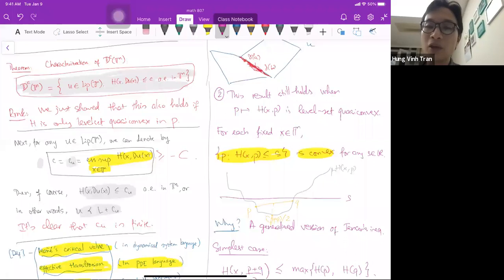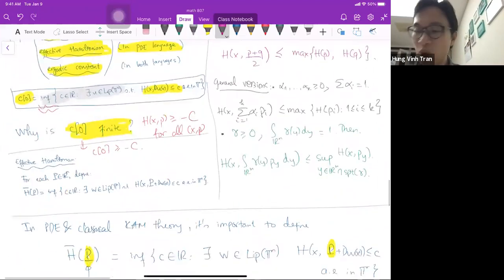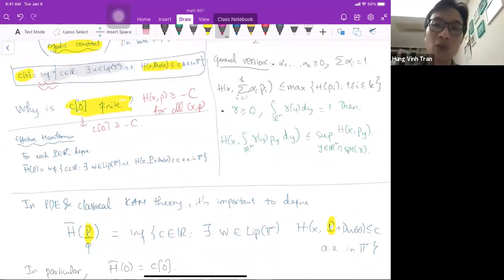For example, what happens if H is not convex at all? Can you do something for that? That's widely open. Or can you characterize some properties of H bar P? That's also widely open. And we are quite up to date on those aspects. We're going to need to go further on other things, but I think that's good for now.